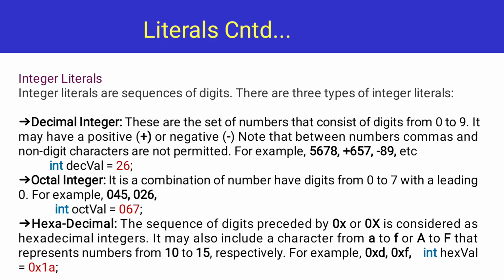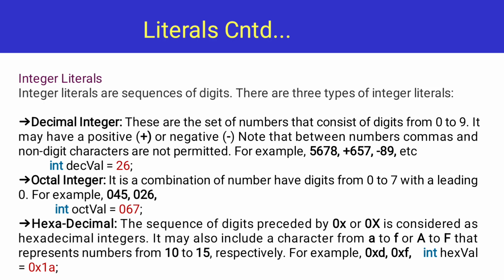Now moving towards the hexadecimal: a sequence preceded by 0x or 0X is considered a hexadecimal integer. It may also include characters from small a to f or capital A to F that represent the numbers from 10 to 15.